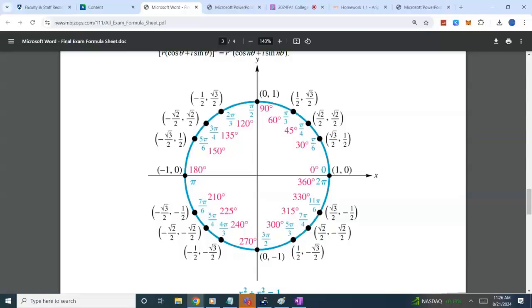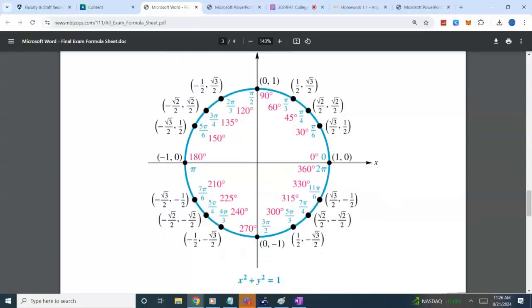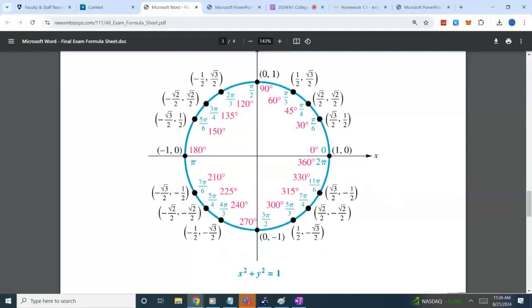So notice this unit circle only shows you positive angle measures. This unit circle has a formula, and it says x squared plus y squared is equal to 1. If you think back from algebra, this is nothing more than the equation of a circle that has a radius of 1.